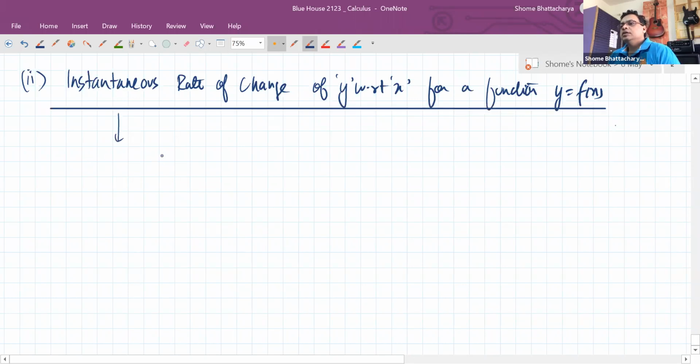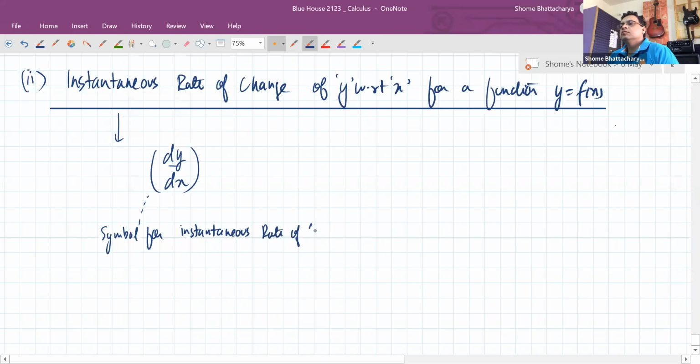It is given the symbol dy by dx instead of delta y by delta x. So this is the symbol for instantaneous rate of change of y with respect to x.